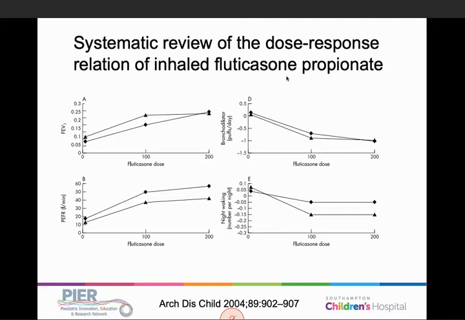I said at the start of my talk that measuring FeNO is a very useful diagnostic tool in steroid-naive patients. But once we get beyond low-dose inhaled corticosteroids, and we're trying to manage patients who have difficult asthma and symptoms despite taking those treatments, using FeNO as a tool to try to aid your management does not help you.